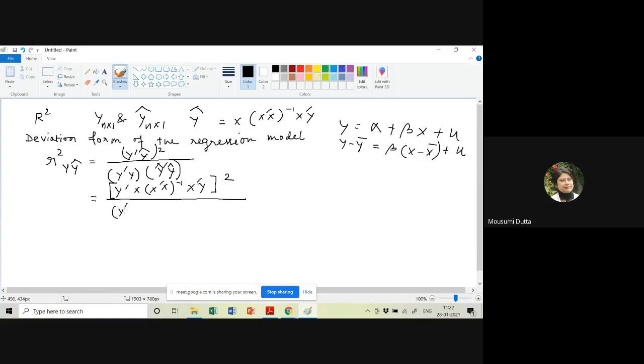In the denominator, y prime y as it is. In place of y hat, again we will consider this one. Now I consider the transpose of this, because it is y hat transpose y hat.